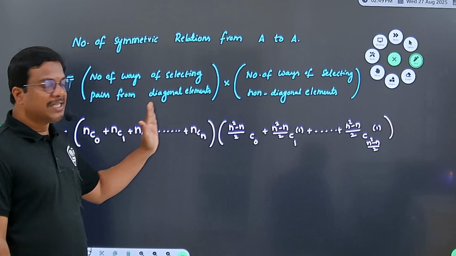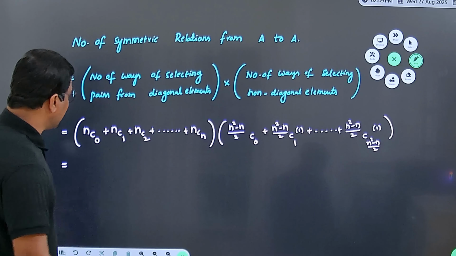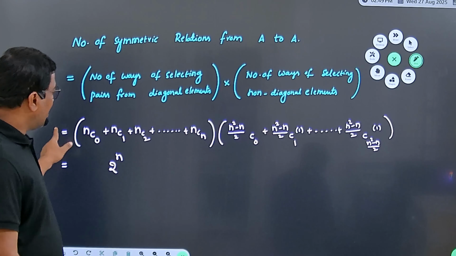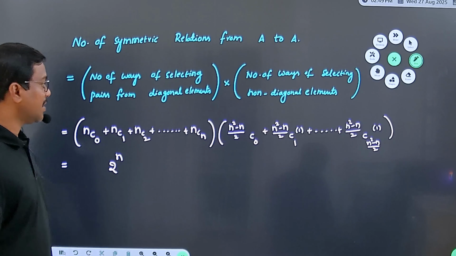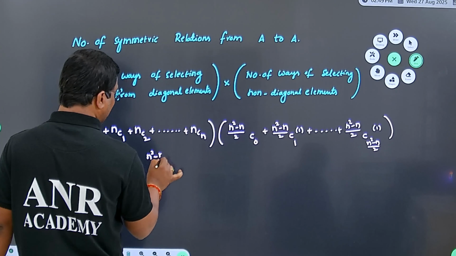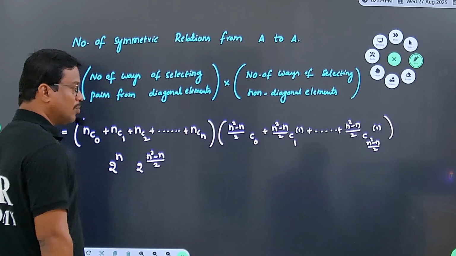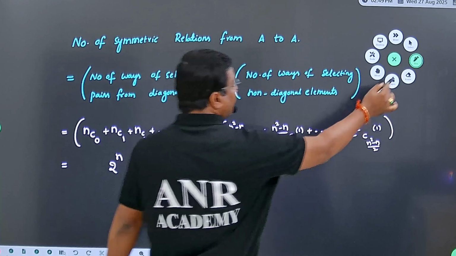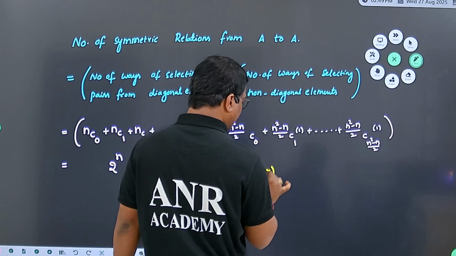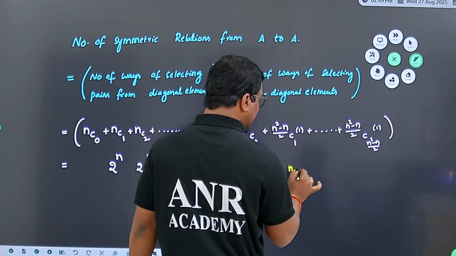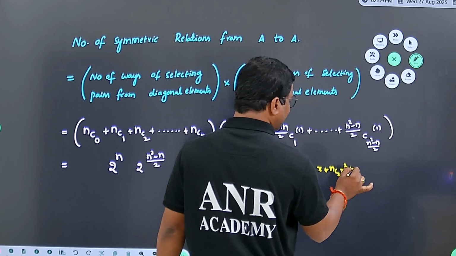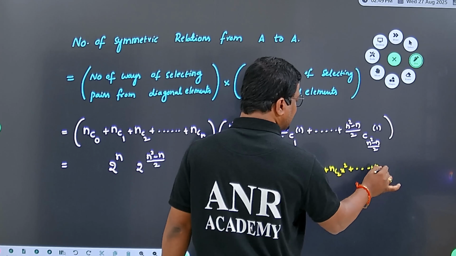nC0, nC1, nC2 and so on up to nCn, that is equal to 2 to the power of n. This is from the concept of the sum of binomial coefficients. And here it can be written as 2 to the power of (n² − n)/2. See, for example, if you have (1 + x) whole power n, using the binomial theorem, it can be written as nC0 + nC1 x + nC2 x² and so on up to nCn xⁿ.